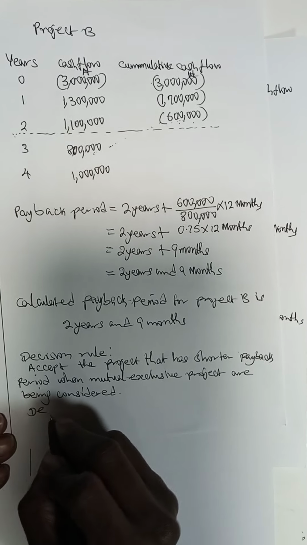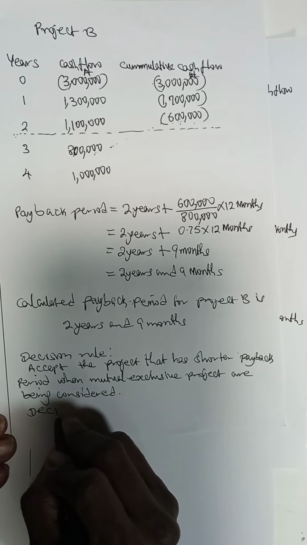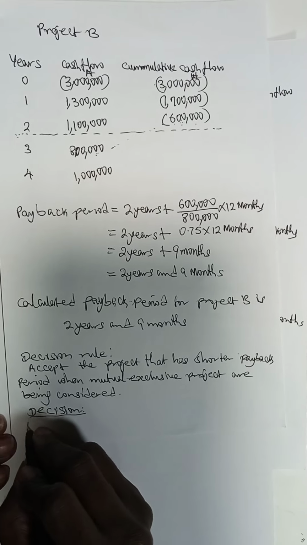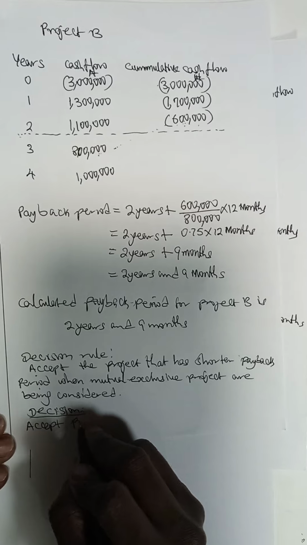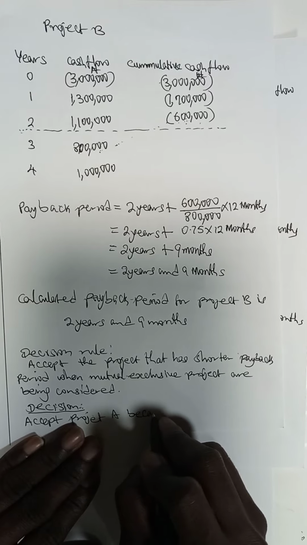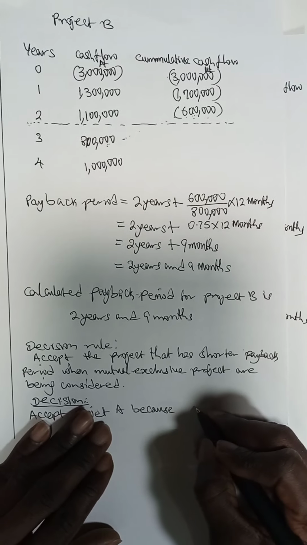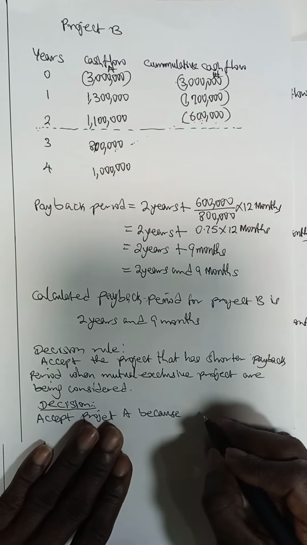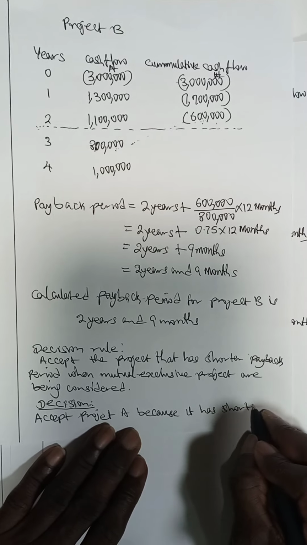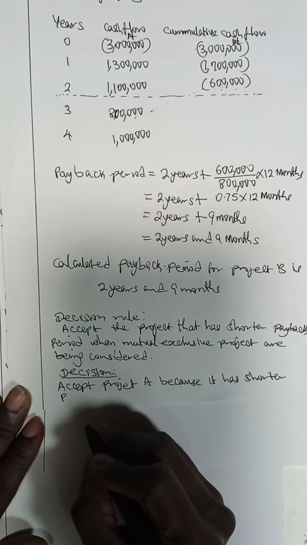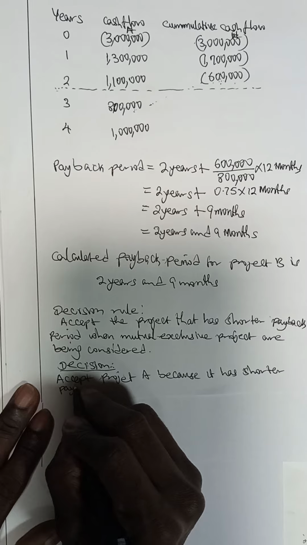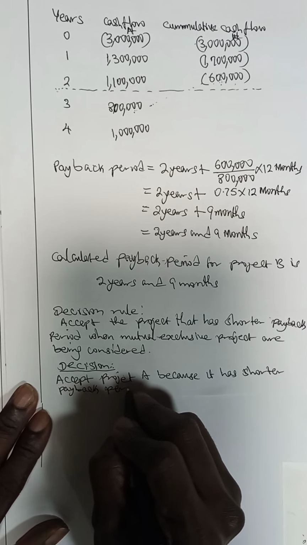So this is the decision rule, and now our decision. You can write: accept project A because it has a shorter payback period.